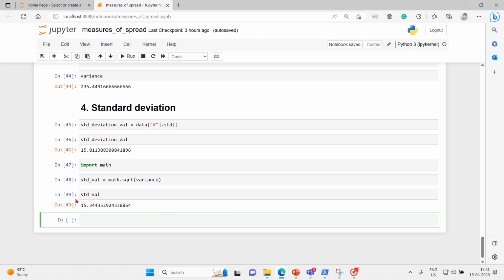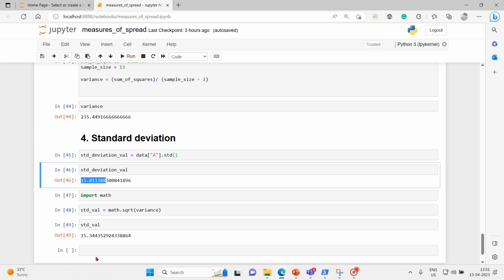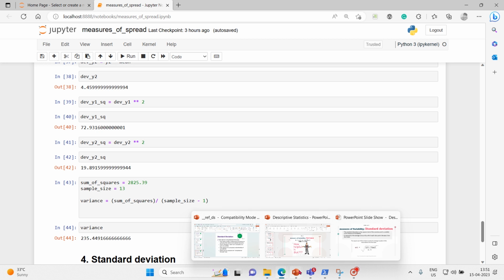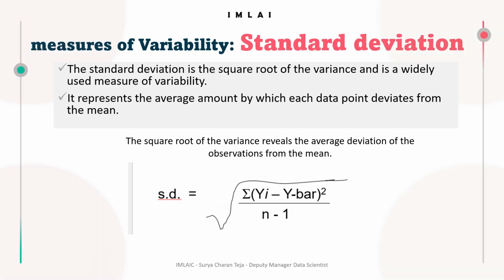Here it is, your standard deviation value, and the variance is 250. So hence proved, your standard deviation is the square root of variance.